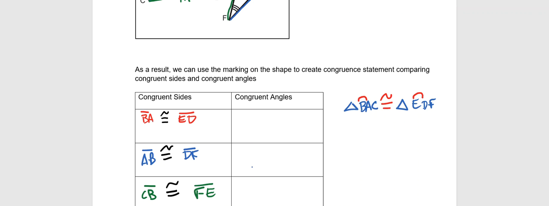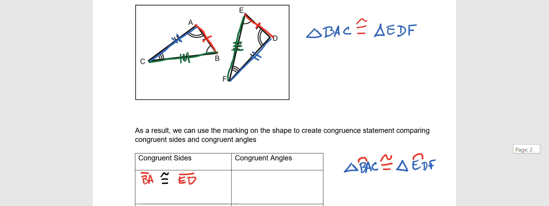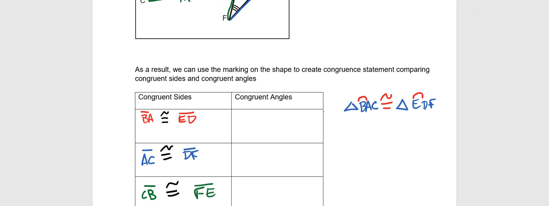I said DF, I need to go back and call this side AC, side AC. Let's go back and double check it. Yep, okay. When I did side AC in that order, I matched it up to side DF in the other triangle.